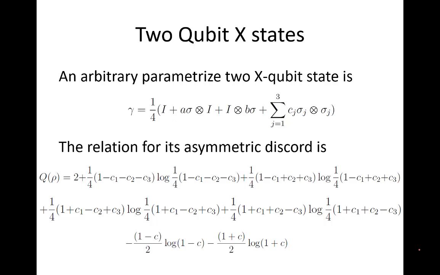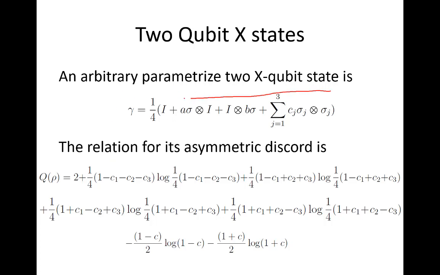Now that we have the formula for quantum discord, asymmetric quantum discord, we can apply this quantum discord for any arbitrary 2-qubit system. Let's say if we take a 2-qubit system, then you know that we can write a 2-qubit system in parameterized form, parametric density matrix.